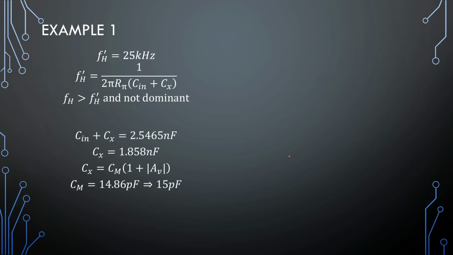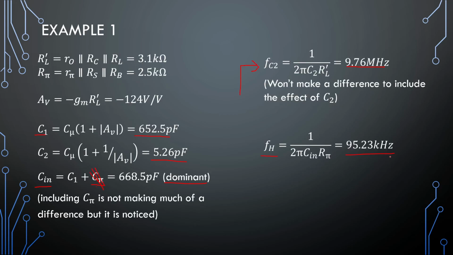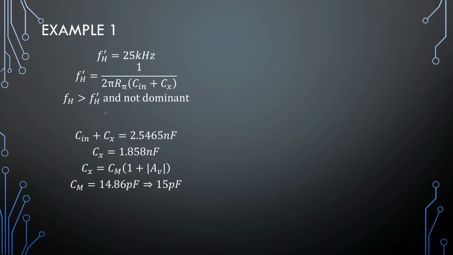Our Miller capacitance. Now, 25 kilohertz, it's a quarter of this roughly. So again, not really dominant, so we can't neglect the effect of the Cπ that we used.